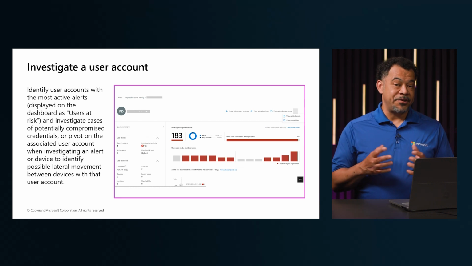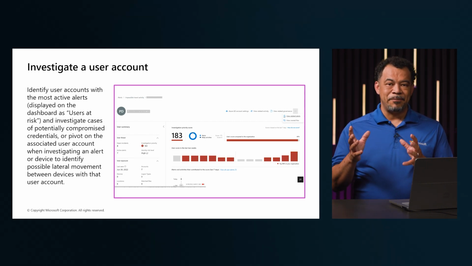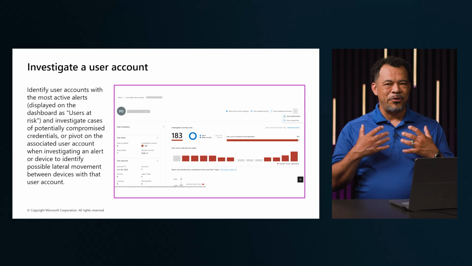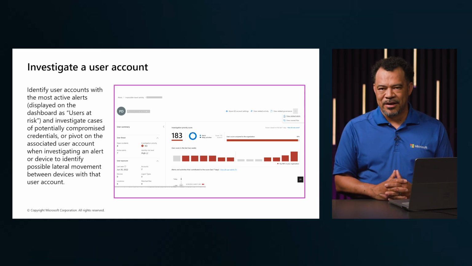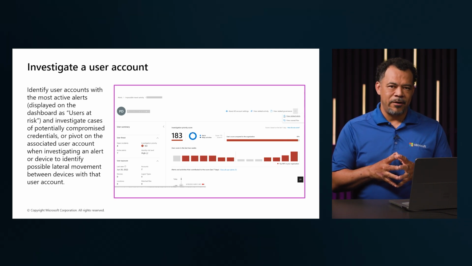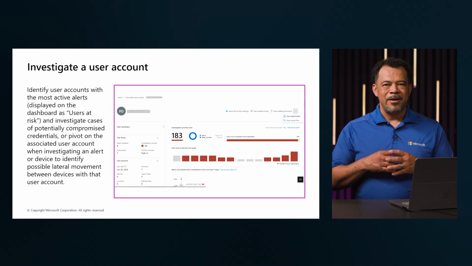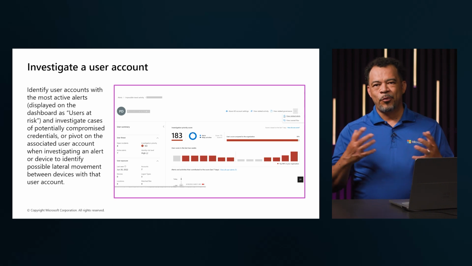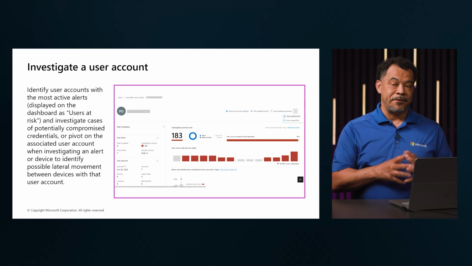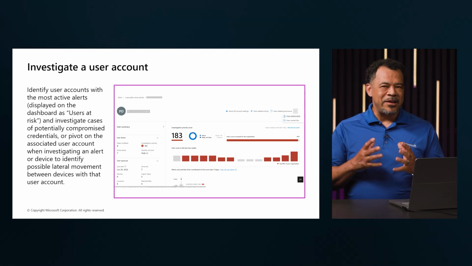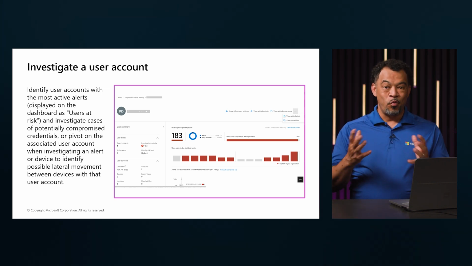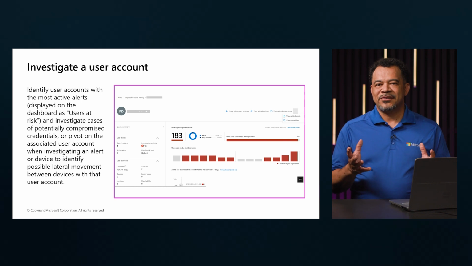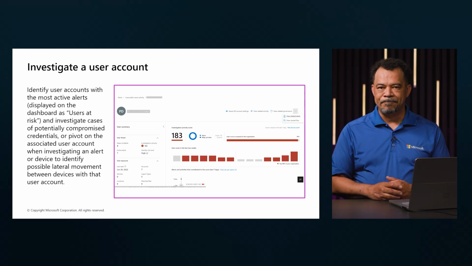When you're investigating a potential threat, it's not just about the device, it's also about the user behind that activity. That's where user investigations come into play. Defender XDR gives us a user-centric view that pulls together all the relevant data tied to a specific identity. We can see which devices the user has access to, what alerts were associated with their activity, and even track sign-in patterns across the environment.